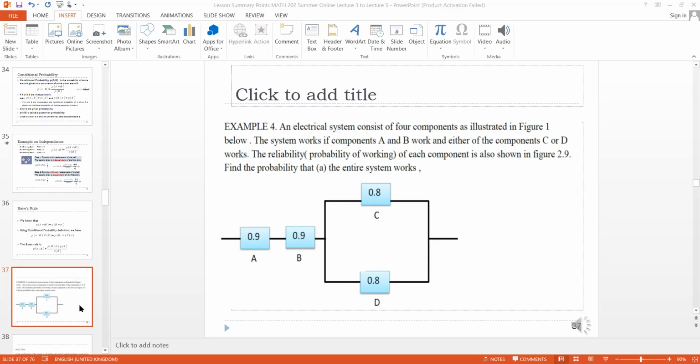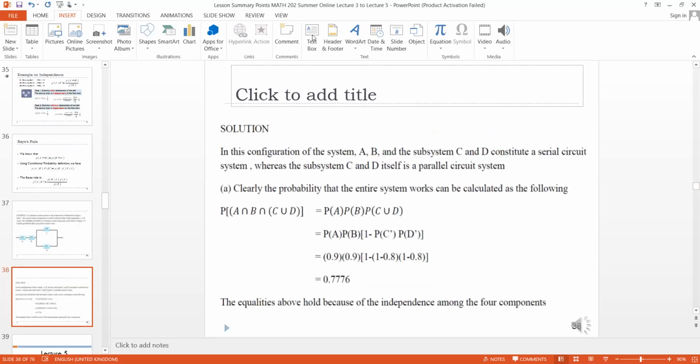So in doing so, we can simply write P of A and B and C or D working is just going to be P of A times P of B times, you see, the components are independent of each other, and there are three independent components.